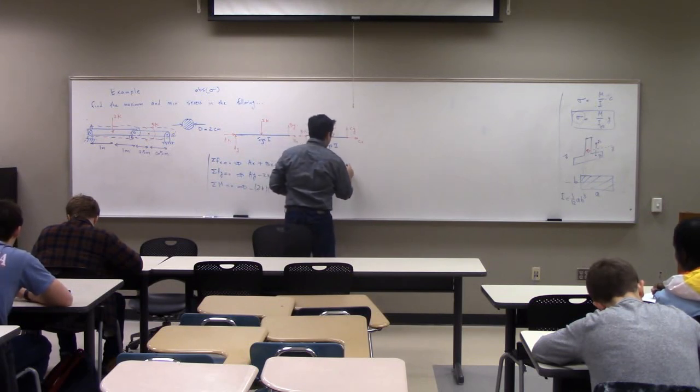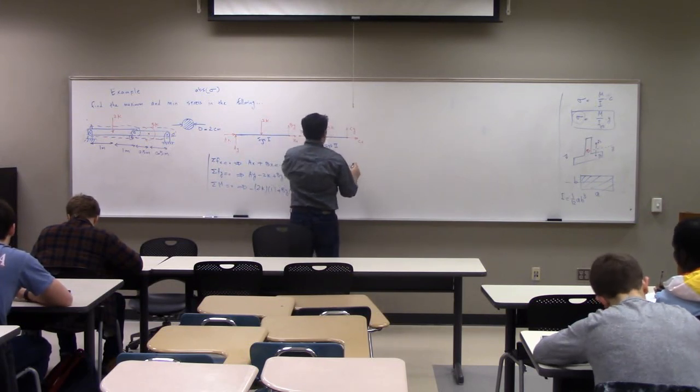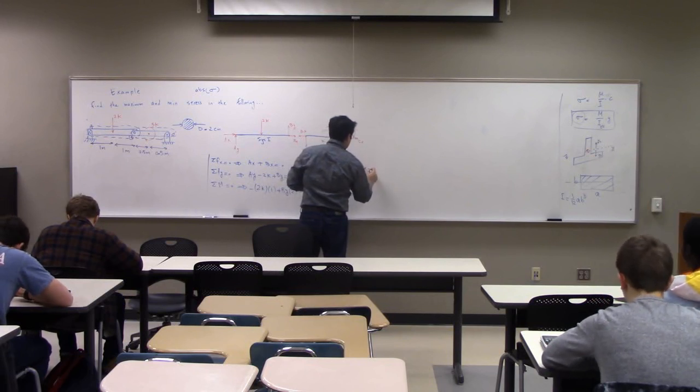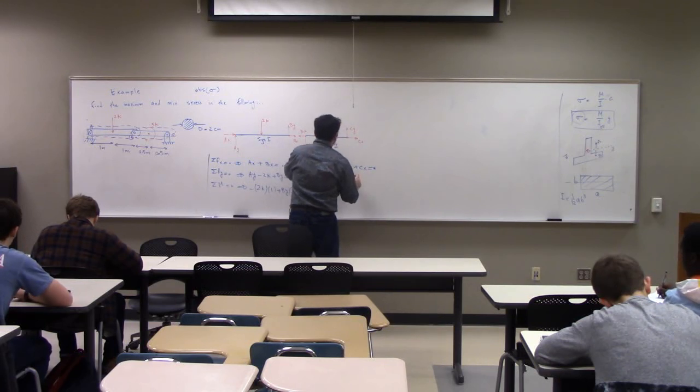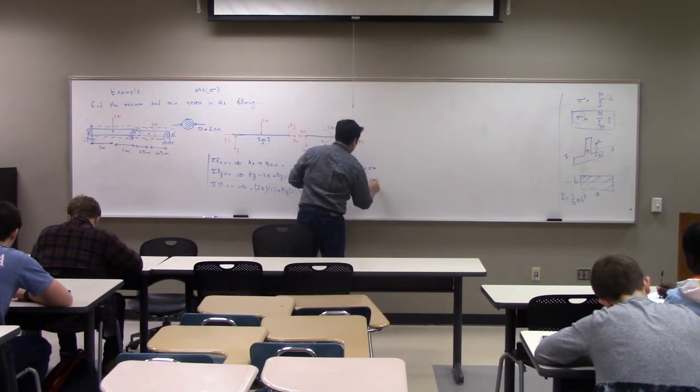System 2. Again, you have negative BX plus CX equals 0. You have negative BY plus CY is equal to 0.